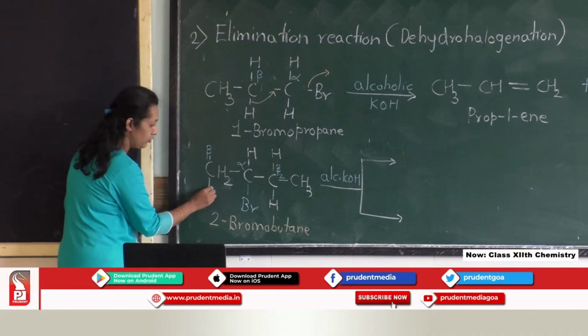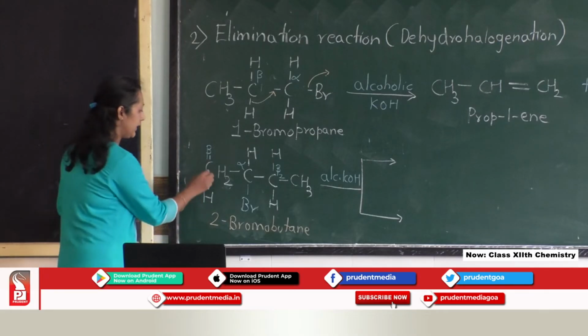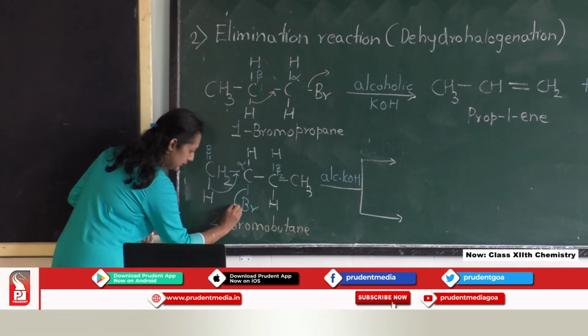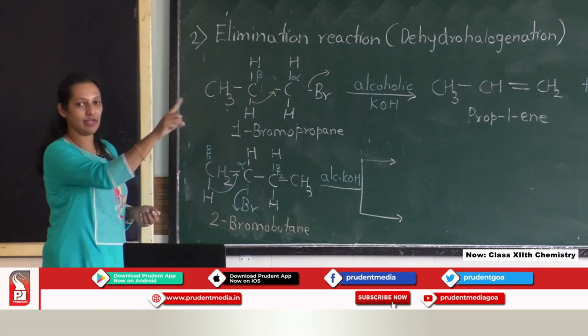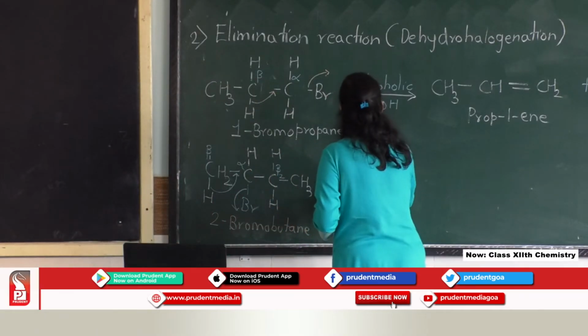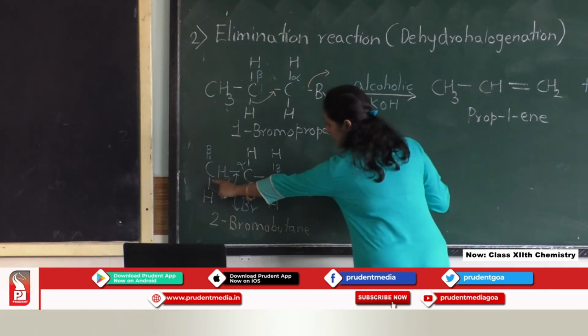We have to remove one hydrogen; any one of the hydrogens can be removed from the beta carbon. If we remove this hydrogen, this halogen will go, that means dehydrohalogenation takes place. So, we will write the first product from that beta 1. What is left over here?